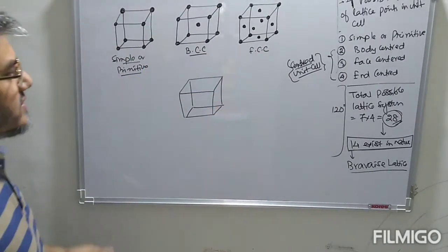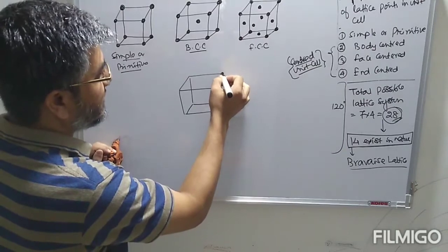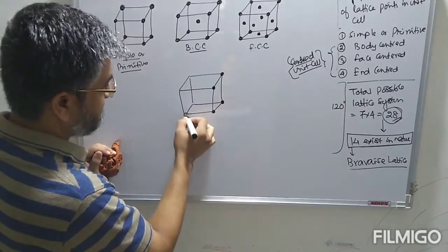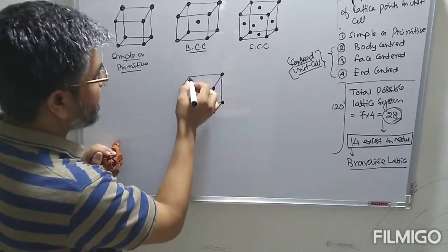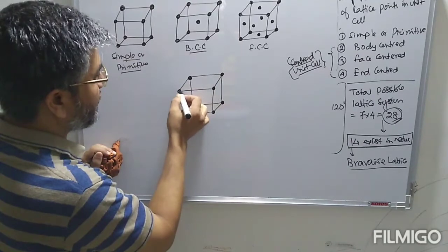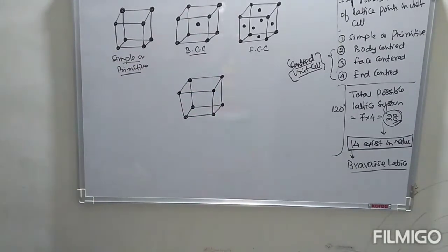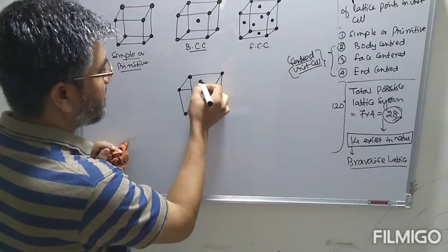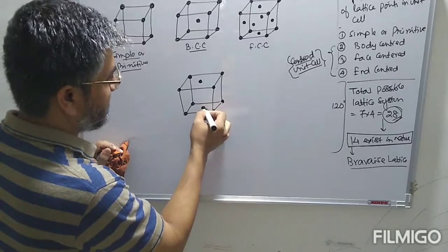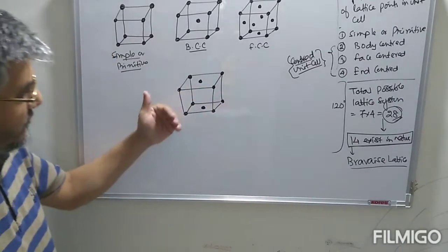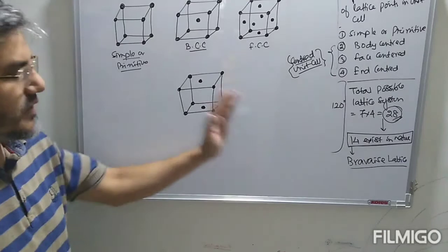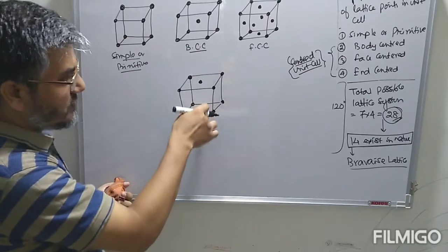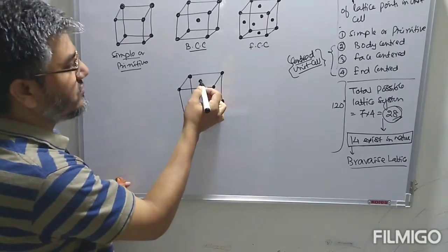Now in case of end center, we have lattice points occupying the corners of the cube, along with these, any two opposite faces have a face center. It can be the front and rear face, or the left and right face, or the top and bottom. So along with the corners, any two opposite faces have face centers.